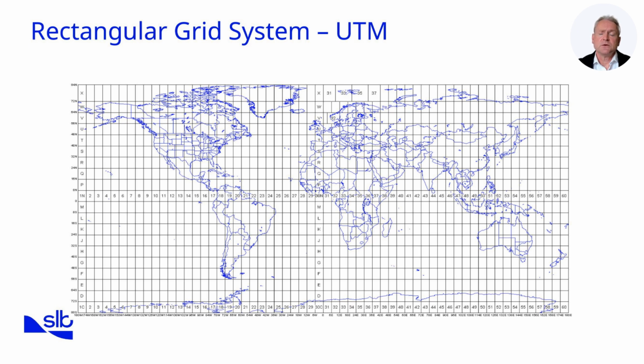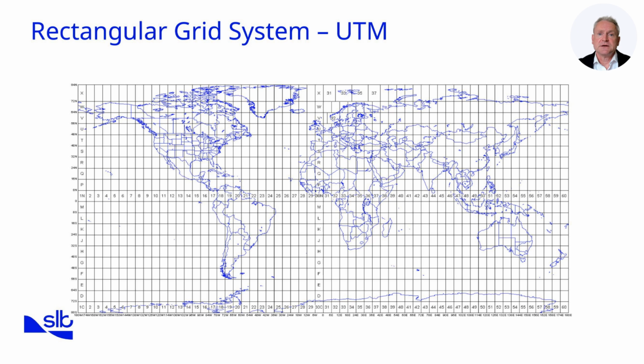Within the zone, north-south distances are expressed as northings measured from the equator, while east-west distances are expressed as eastings measured from an offset reference line. This setup ensures that all values are positive, simplifying calculations and reducing confusion. For oilfield work, this consistency is invaluable. Whether plotting well trajectories, locating pipelines, or defining lease boundaries, UTM provides a straightforward, universally accepted system.